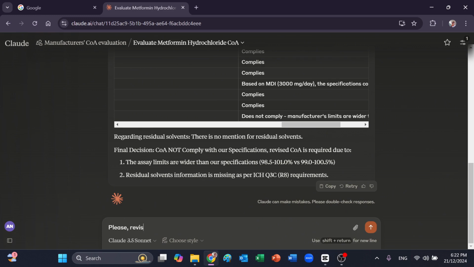Please revise your evaluation again. Focus on the retest date or expiry date and impurities, related substance.